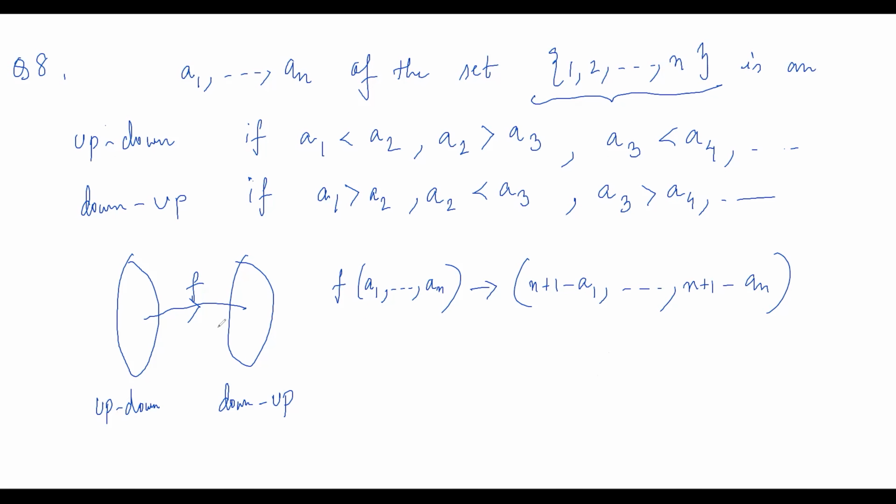Since they have finite cardinalities, one-to-one also implies that it's onto, and so these two cardinalities are the same.